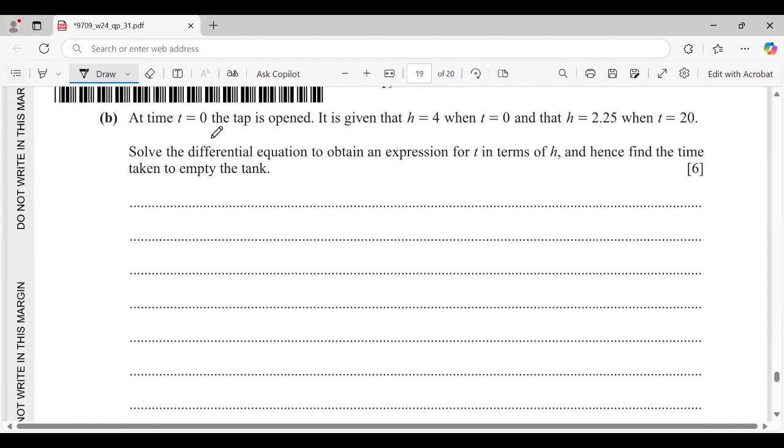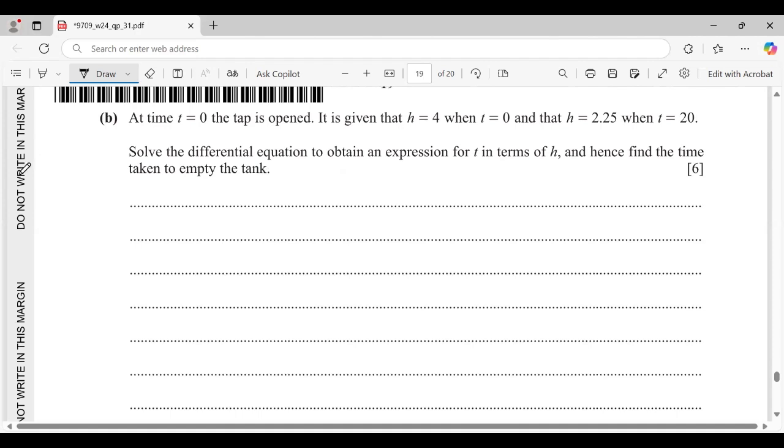At time t equals 0, the tap is open. It is given that h equals 4 when t equals 0 and h equals 2.25 when t equals 20. Solve the differential equation to obtain an expression for t in terms of h, and hence find the time taken to empty the tank.